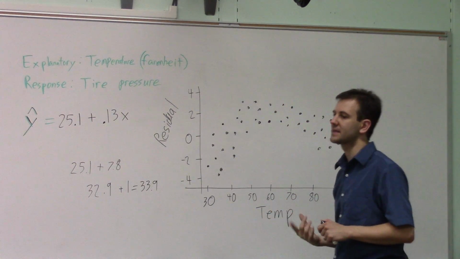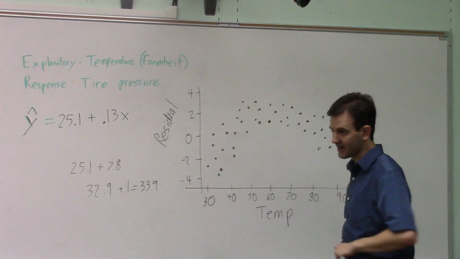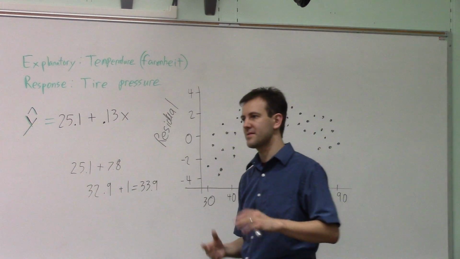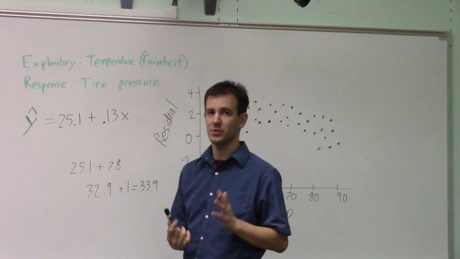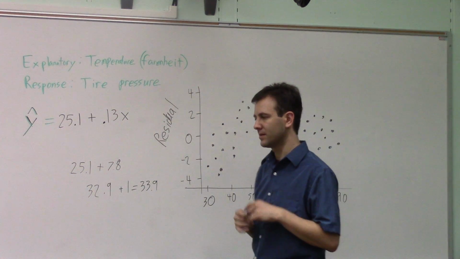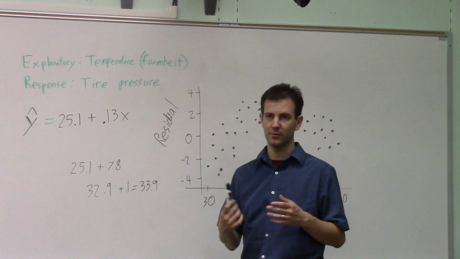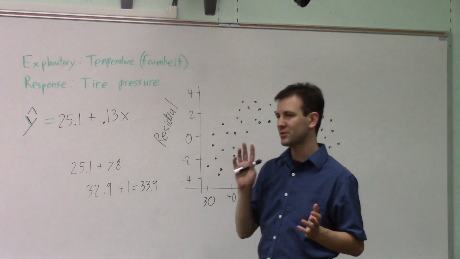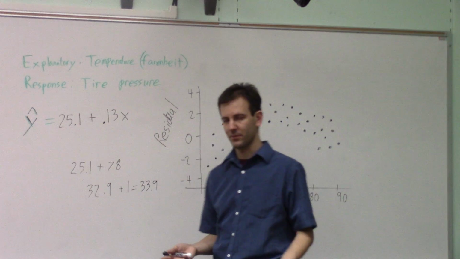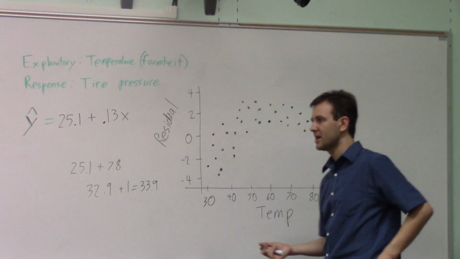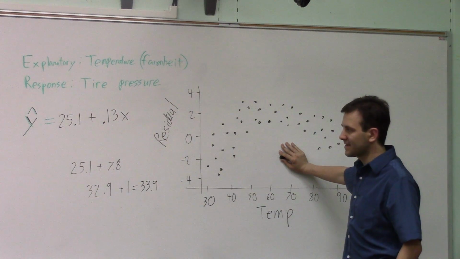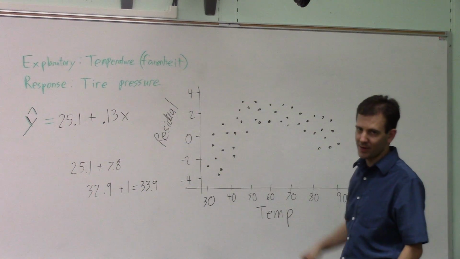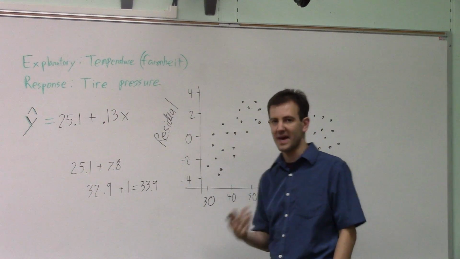The curve, the fact that it changes direction like this, indicates that the points really weren't in a straight line after all, and linear regression may not be the right tool to use here. And there's stuff in chapter 12, and honestly a separate course, that would handle how to correct for this. But the main point is that it's saying that a linear model, writing a linear equation and saying, here's a good predictor, is a bad idea.